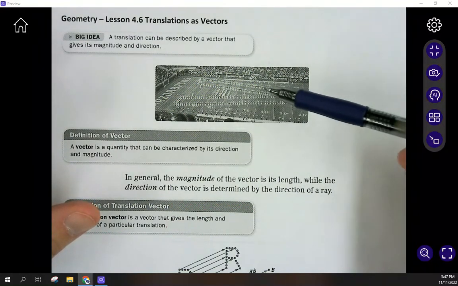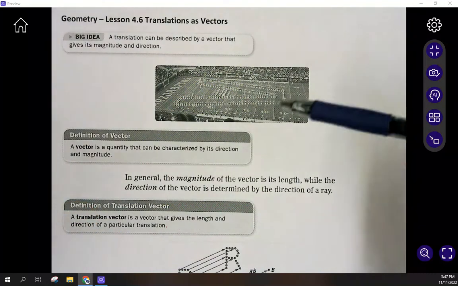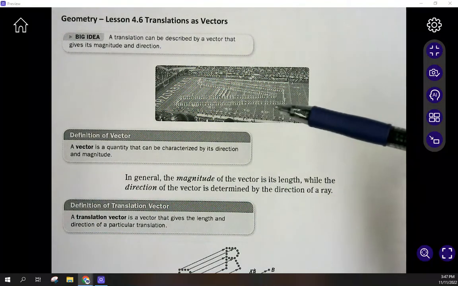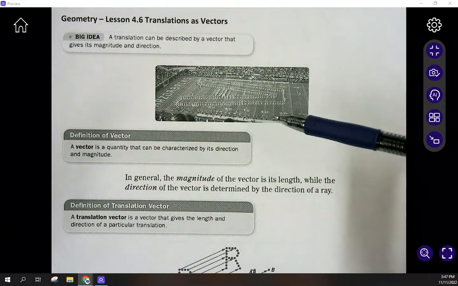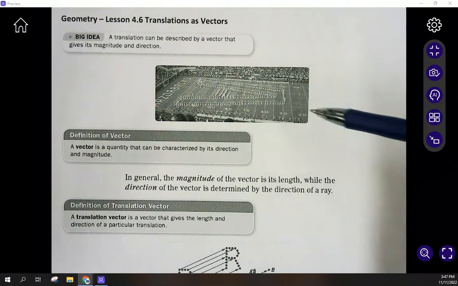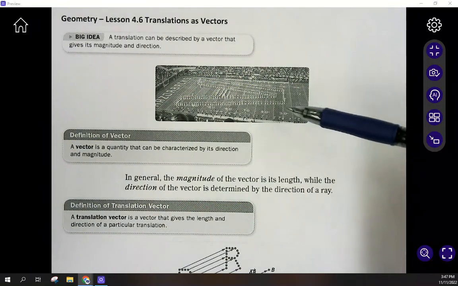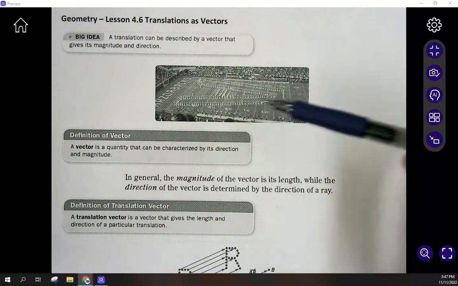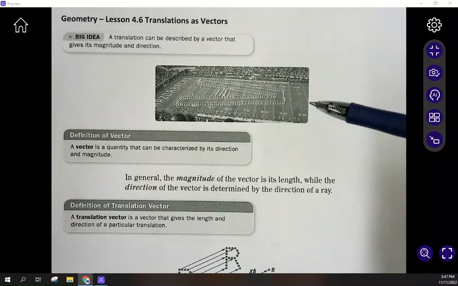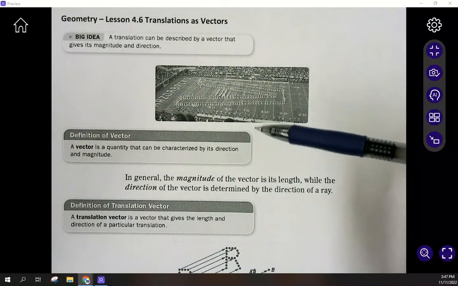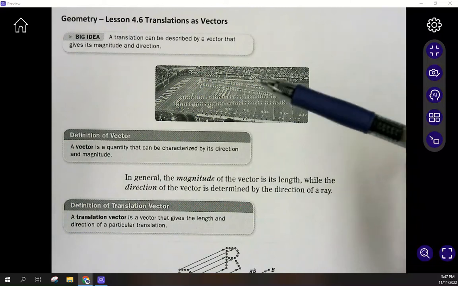Every single one of these students, if we were going to keep this figure in its shape of the letter A, would have to march perfectly together the same amount of steps, either down the field, up the field, whatever. But if we think about every student as a point, every point in this figure is going to move the same exact distance, either up or down the field, left or right. And that is a translation.